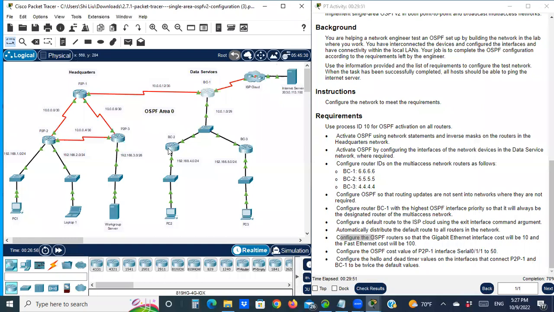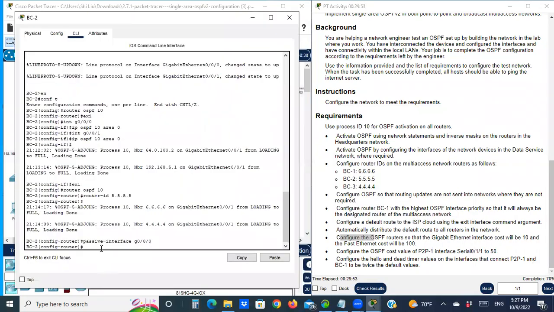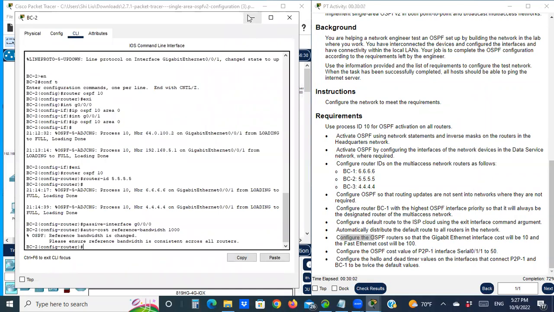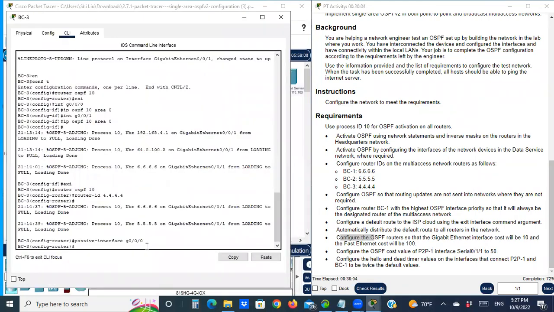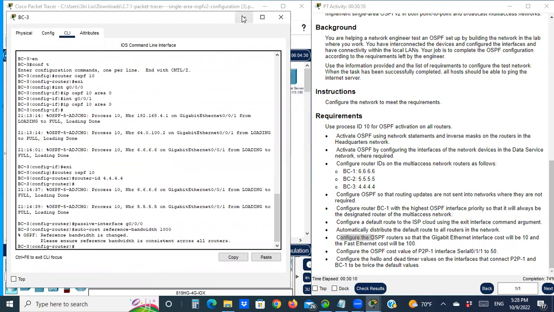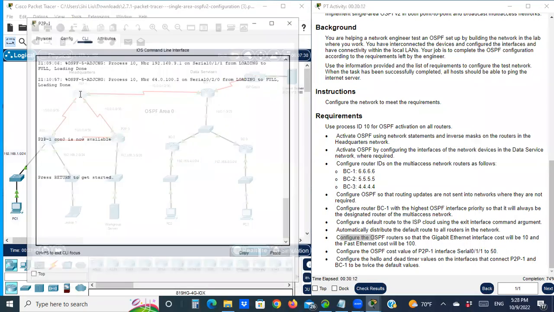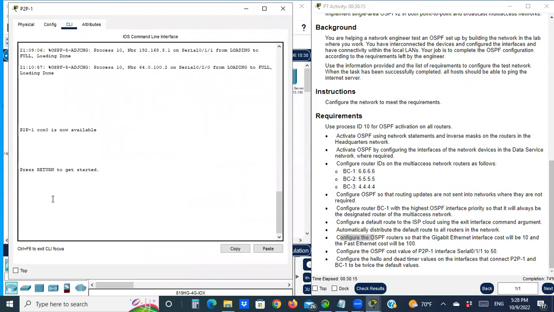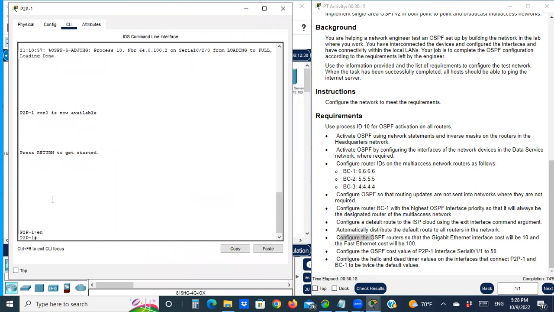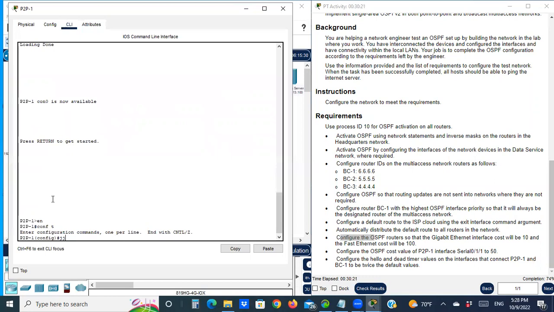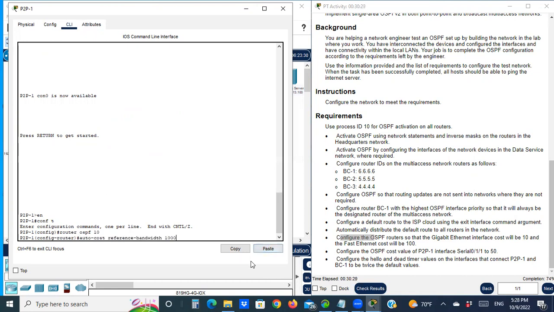Same thing here on BC2. Okay, good. BC3. All right. And P2P1, same thing: enable, configure terminal, router OSPF 10, auto-cost reference-bandwidth 1000.